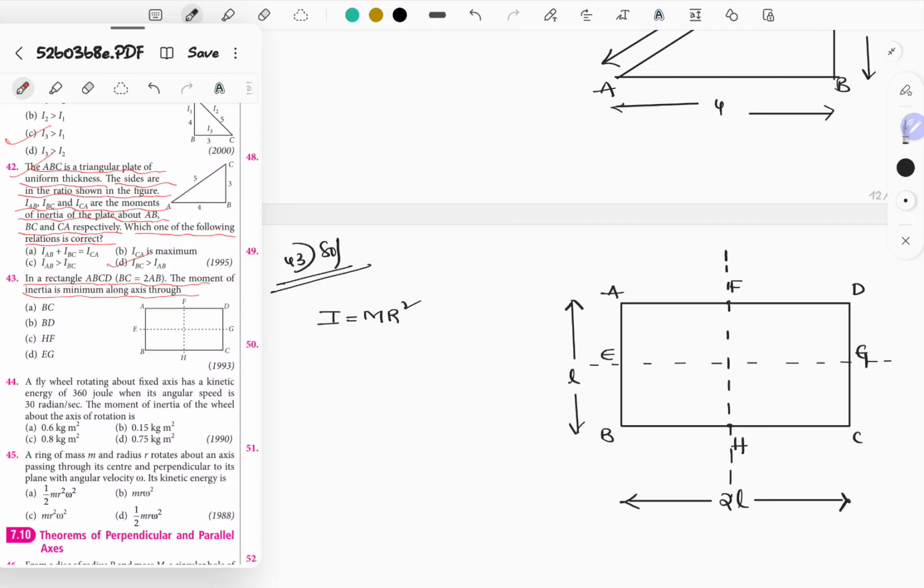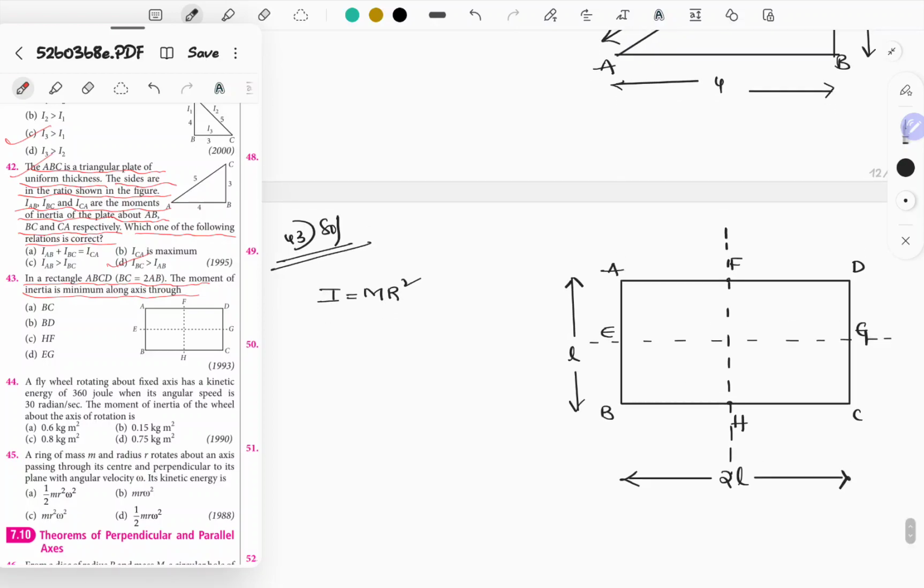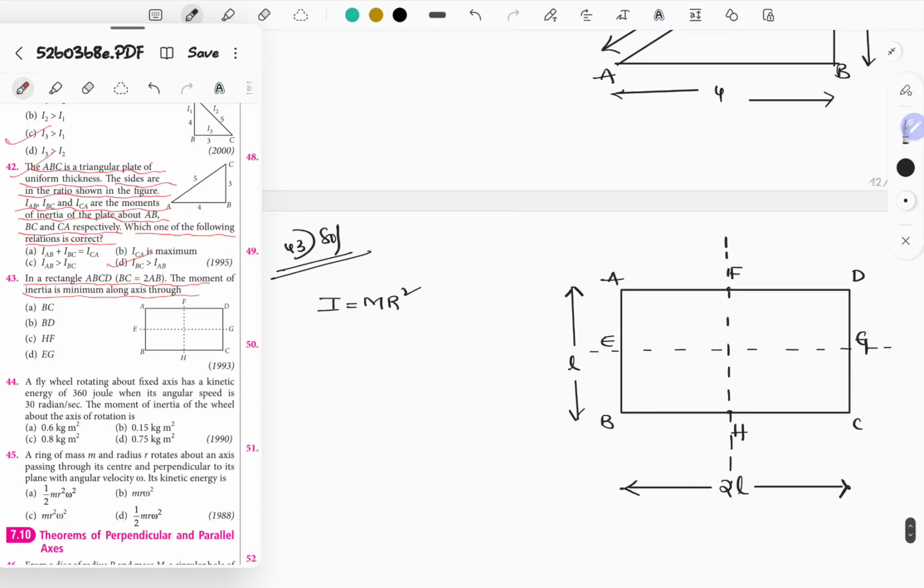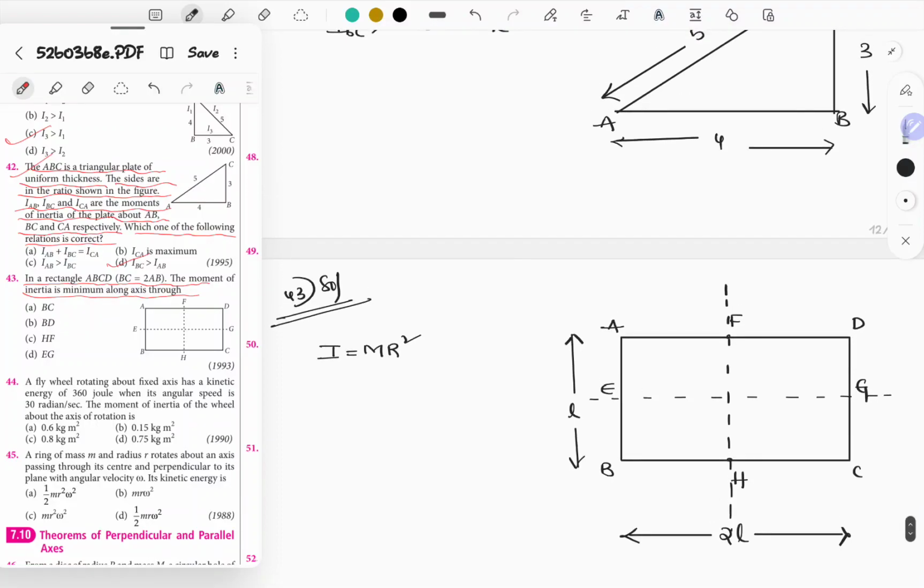Just think about whether it is yes or no. It is directly proportional to m, right? And it is also proportional to the radius of the body. So while finding moment of inertia, one thing you have to observe carefully is that the mass distribution should be very small and the distance from the axis of rotation should be very small.